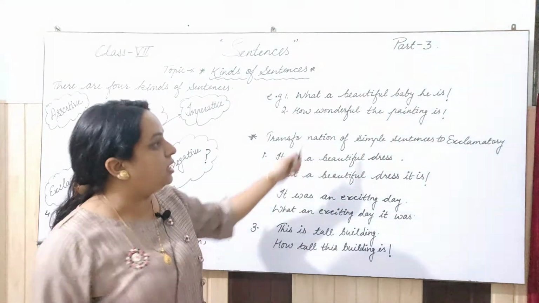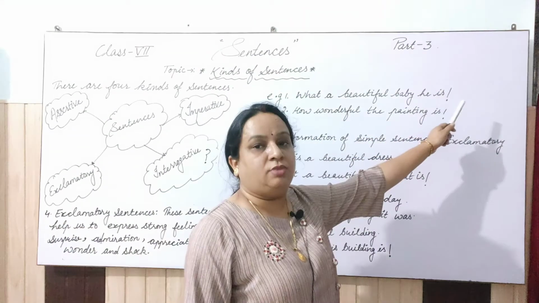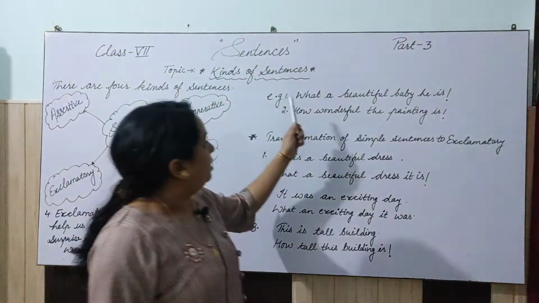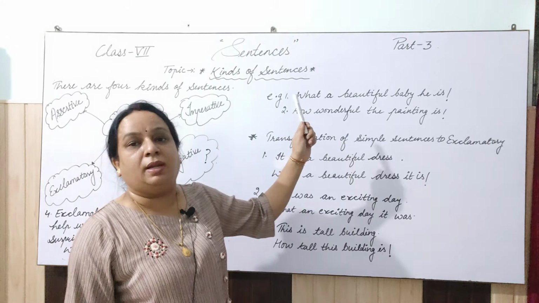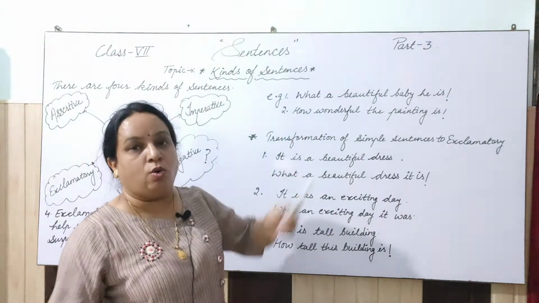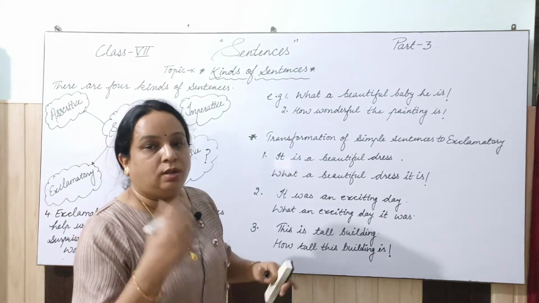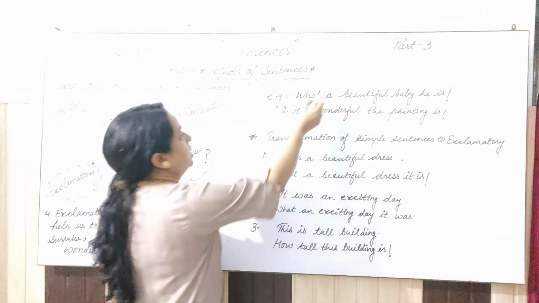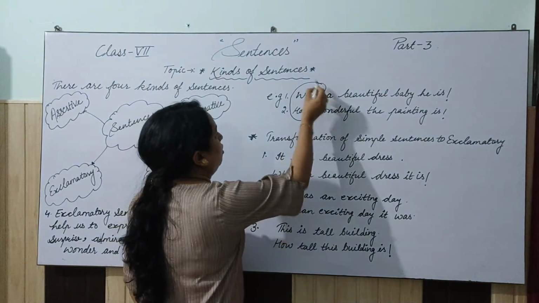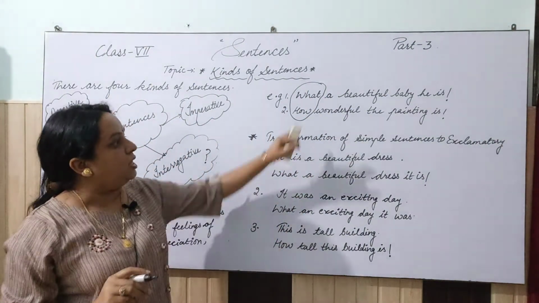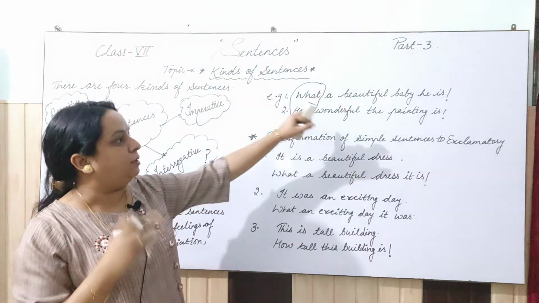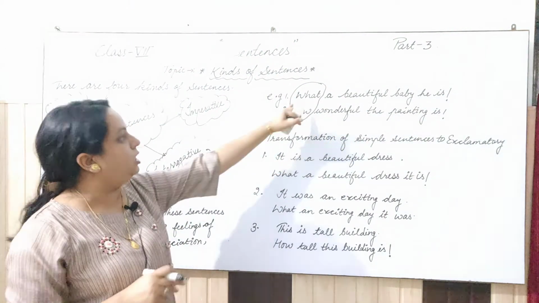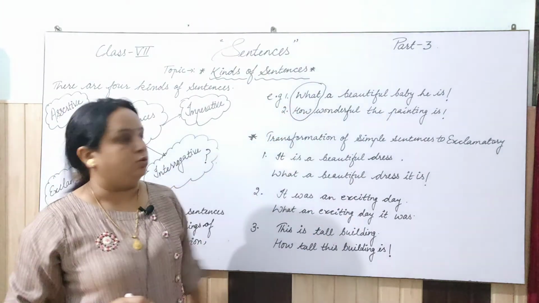And in the end, there is an exclamation mark. And in the starting, there is a WH family word, that is what or how. But here you cannot use all WH family words. You have to use what or how at the start of an exclamatory sentence. But it is not always; the basic structure is like this.